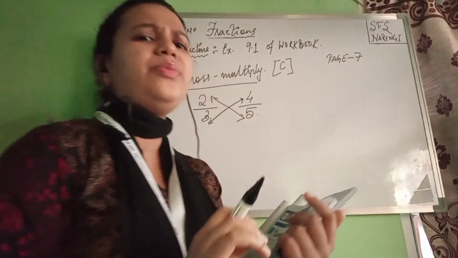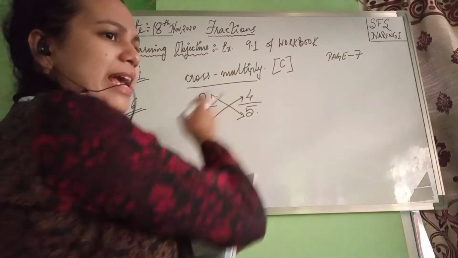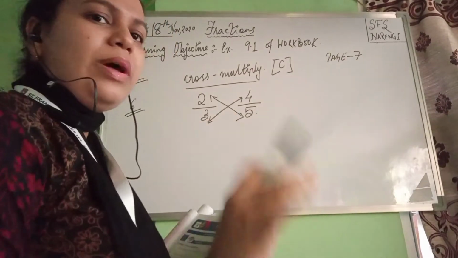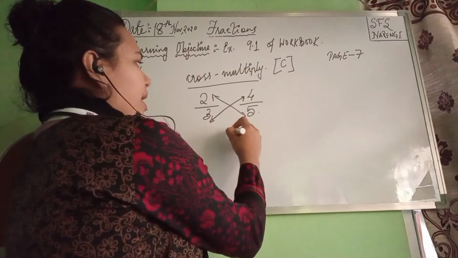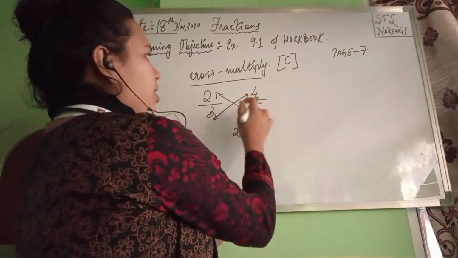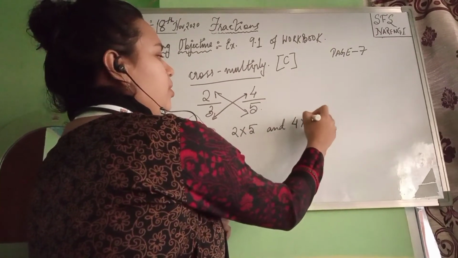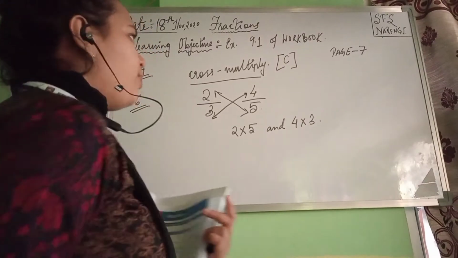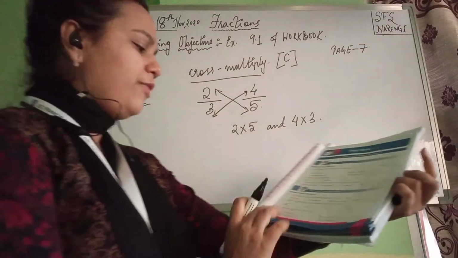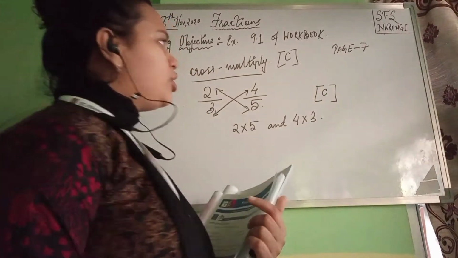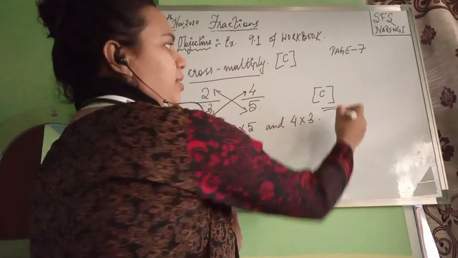It's a very easy way to do it. Just draw an X and wherever it points, multiply them together. The cross product is 2 into 5 and 4 into 3. Where do you see 2 into 5 and 4 into 3? In option C, right? So option C is your answer.